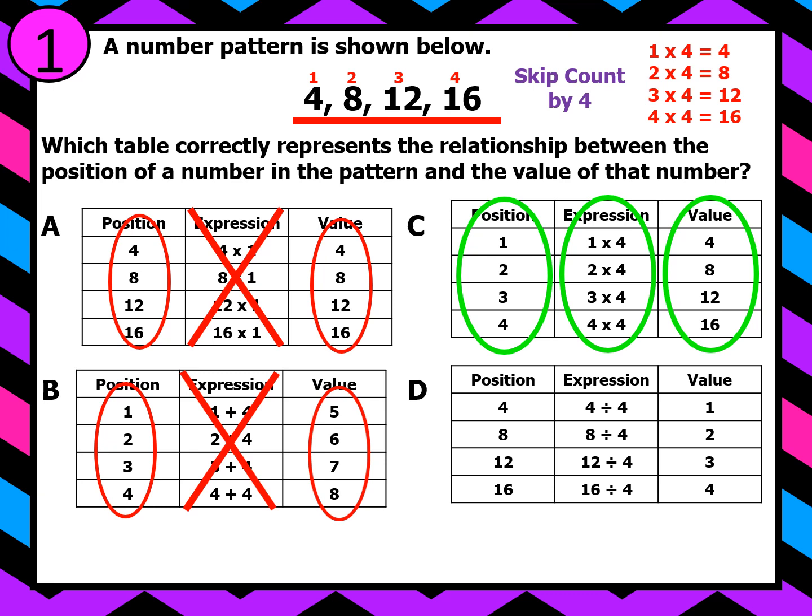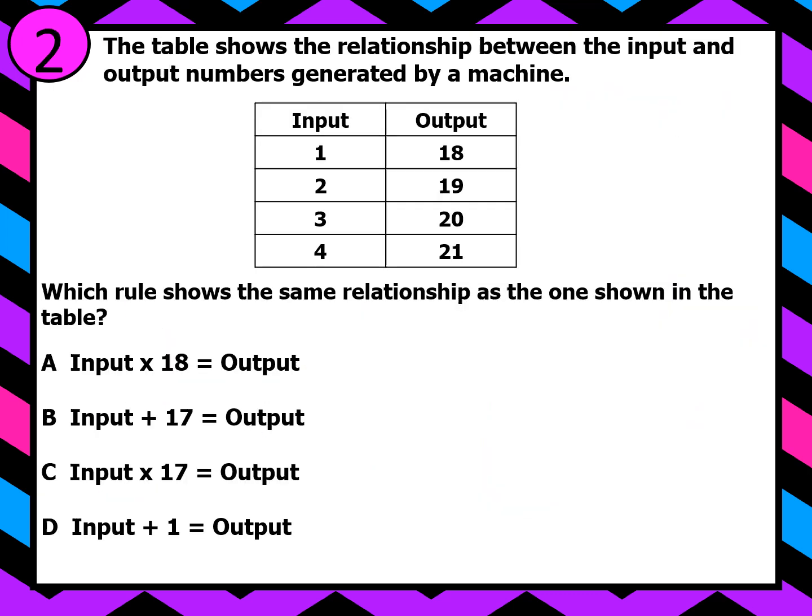So maybe it's going to be C. Let me look at D. Once again, the position there is incorrect. And then if I look at my expression, it is dividing. But for my pattern here, we're multiplying, so I know it cannot be D. So the correct answer here would be C. Okay, let me go to number 2.